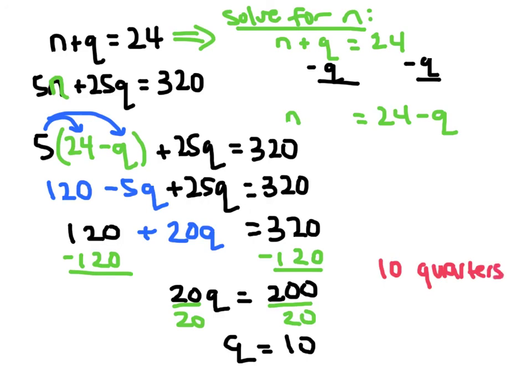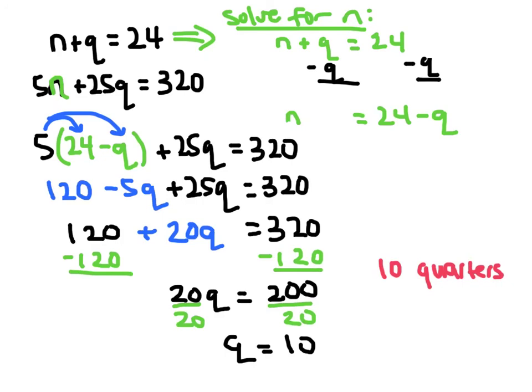But the problem also asks us to find how many of each type were in the piggy bank. So we not only found the number of quarters, we need to now find the number of nickels. So in order to find the number of nickels, you take the amount you've gotten for quarters and you can plug it into either equation, or you can go with plugging it into the equation you already solved for n with. So I'm going to do that.